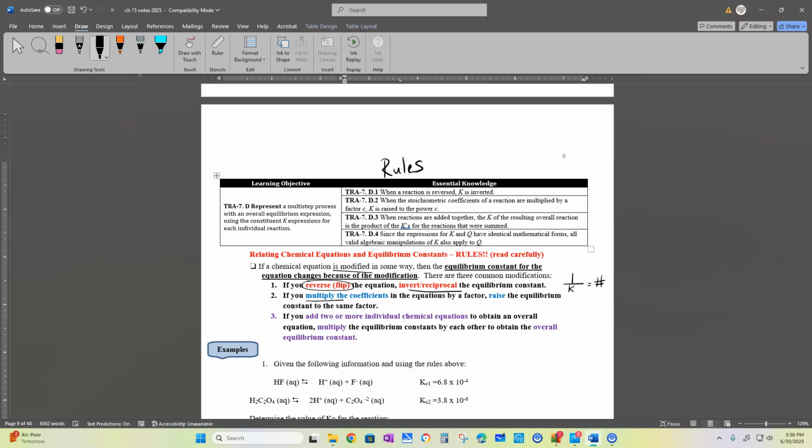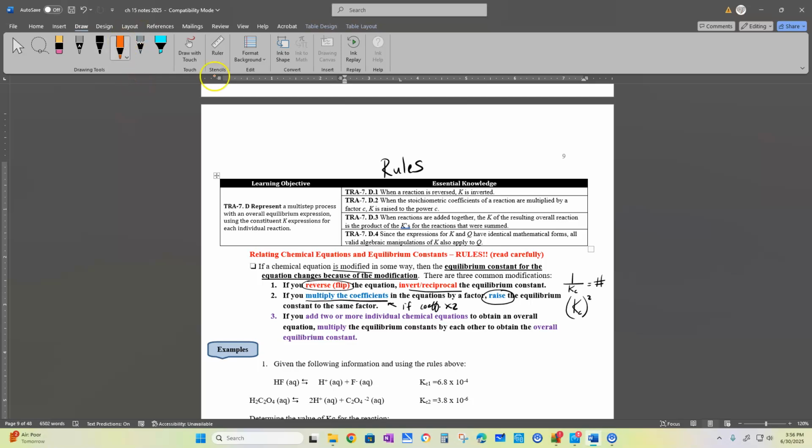What if you manipulate the coefficients? Maybe you multiply the coefficients, then you take that Kc and raise it to that power. Let's say the coefficients were multiplied by 2. We're going to call this Kc, it could be Kp also. So my Kc gets raised to the 2.